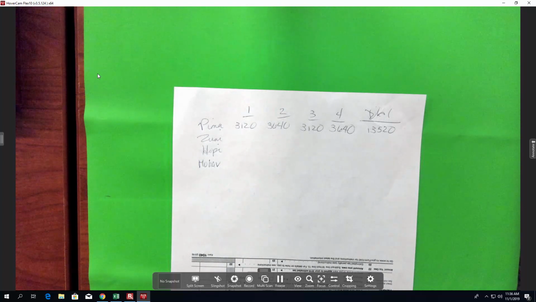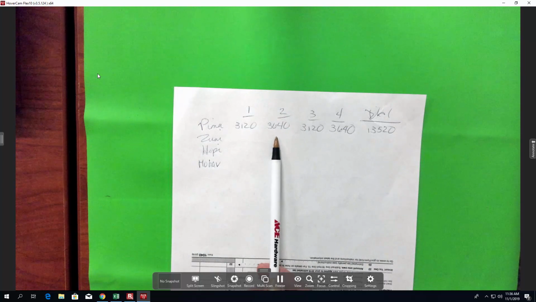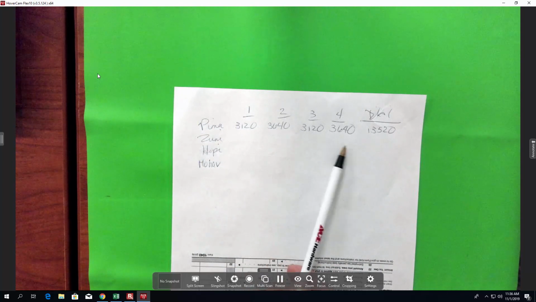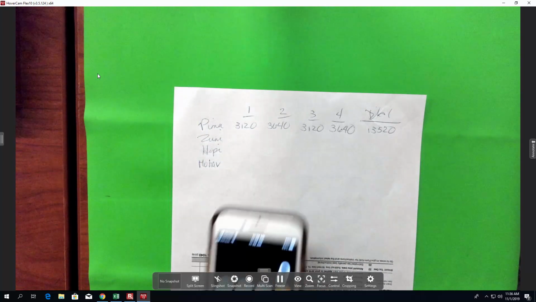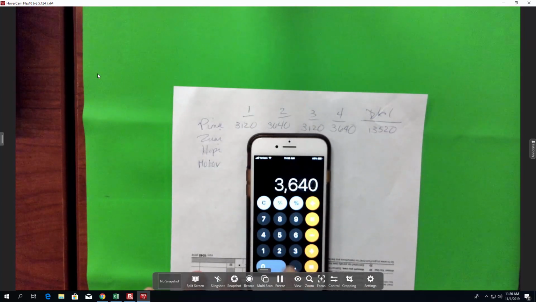Did she hit the 7,000 in the first quarter? Obviously not. Did she get over $7,000 in the second quarter? No. How much had she made then going into the third quarter? Well, I can figure that out by adding her first quarter wages plus her second quarter wages.